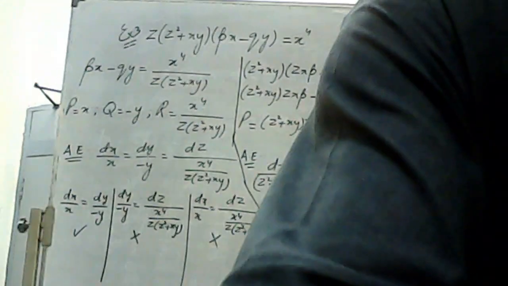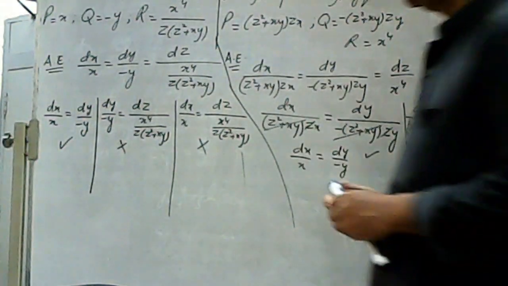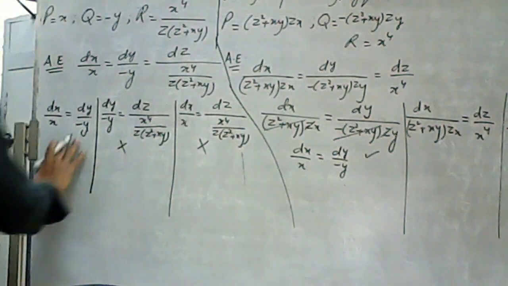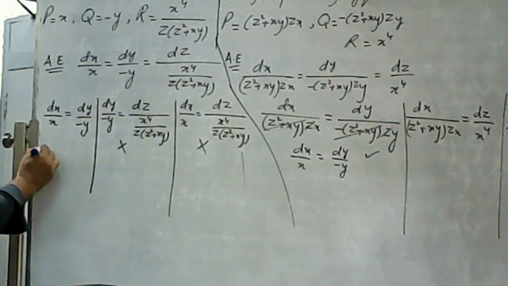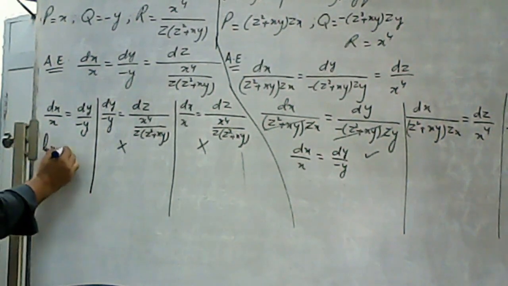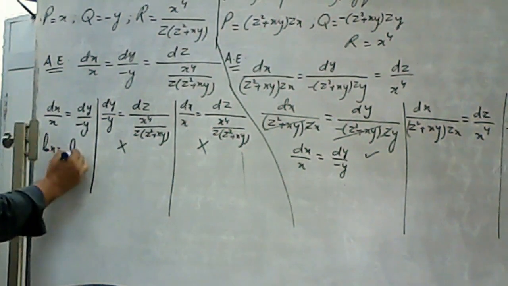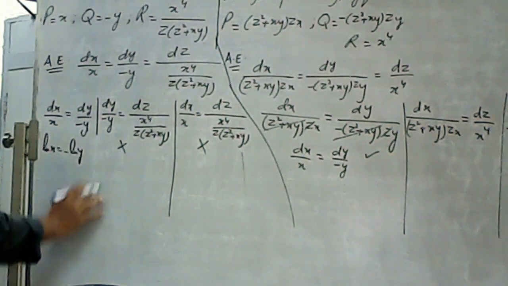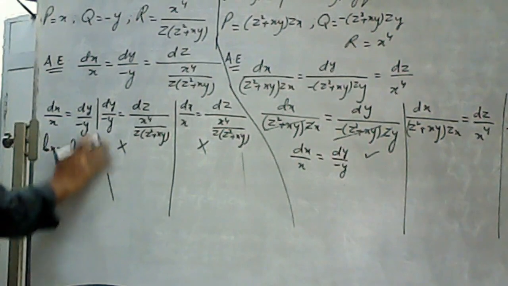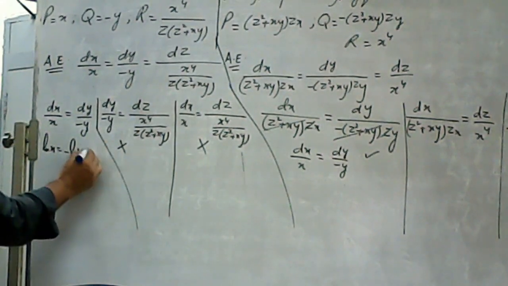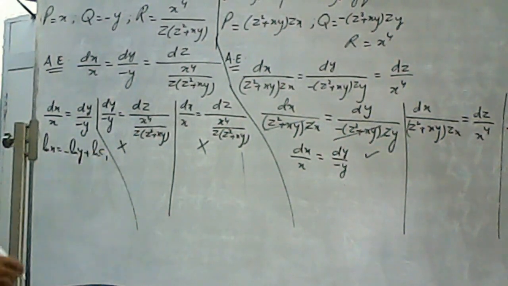So now moving on to complete the solution of this one. So now we are solving this pair. So this is log of x equal to minus log of y plus log of c1.